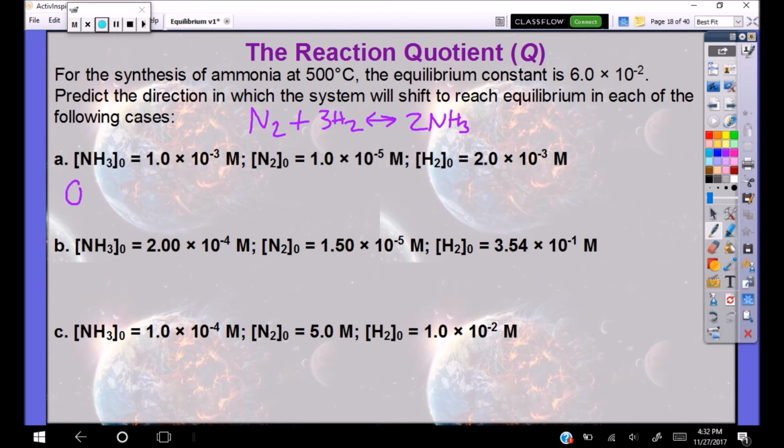So my Q quotient is the same thing. I've got NH3 squared, I've got N2, and I've got H2 cubed. All right, so let's plug in and compare.